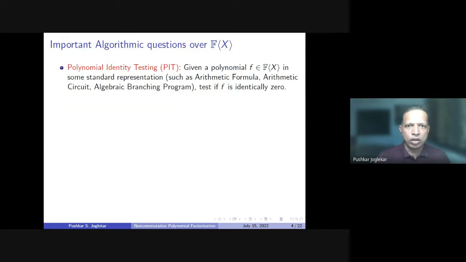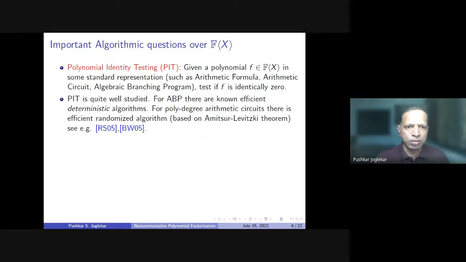Now let's recall a few important algorithmic questions over the non-commutative polynomial ring. The first question is the polynomial identity testing problem, where a polynomial f is given as input in some standard representation, such as an arithmetic circuit or arithmetic formula or algebraic branching program, and the goal is to test if f is identically 0.